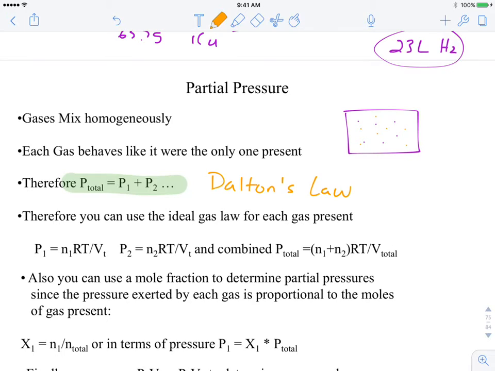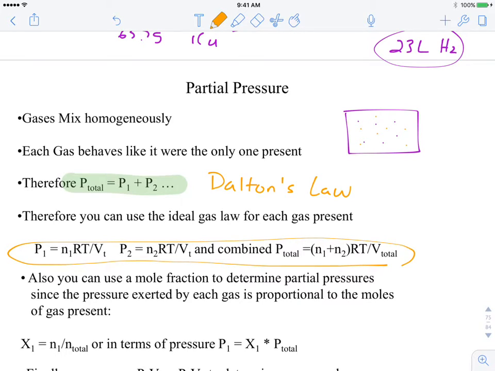You could do this in a more elaborate fashion, as I show down here. Instead of having just the pressures, what if you're given the moles, the temperature, and the volume? You can use an elaboration of PV equals nRT.